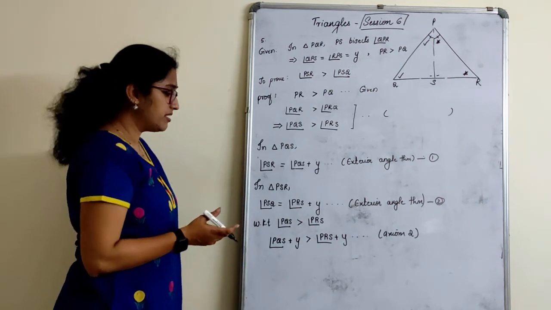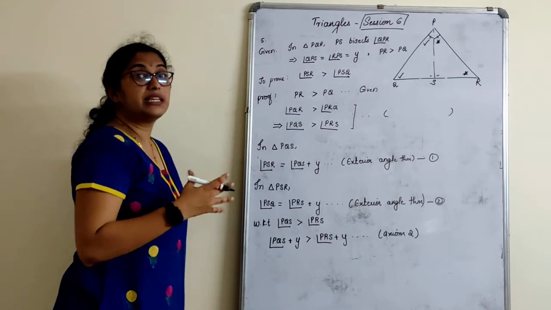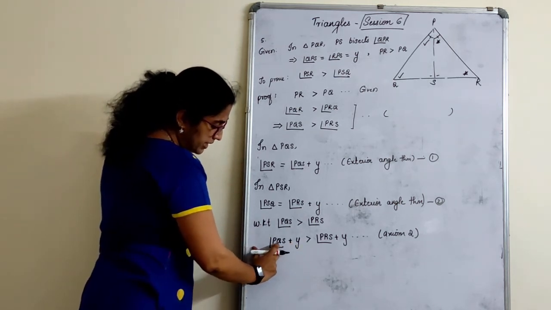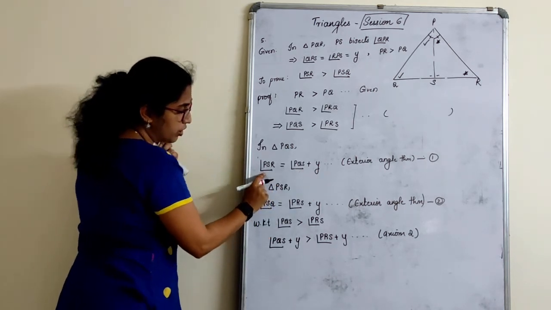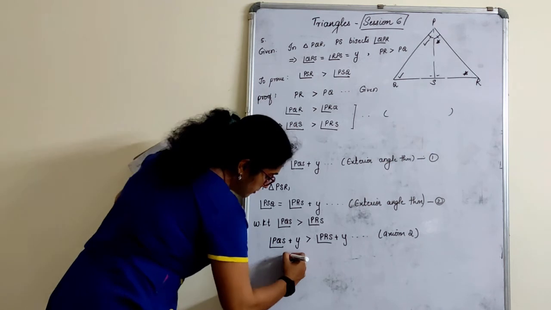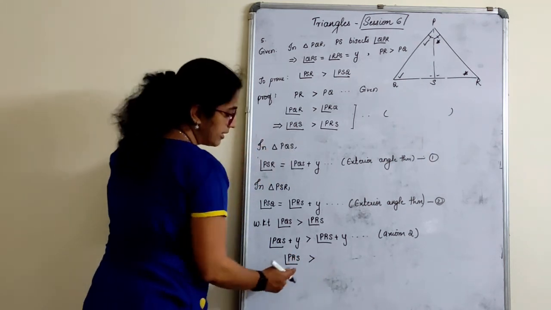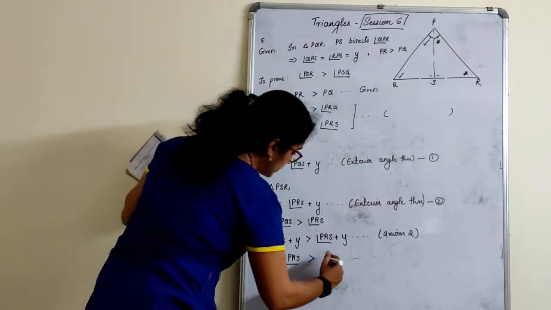We are adding equals on both sides. Did we see this expression somewhere? PQS plus Y, what is it? And PRS plus Y is angle PSQ.